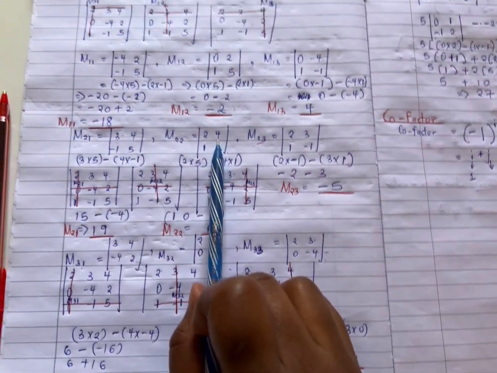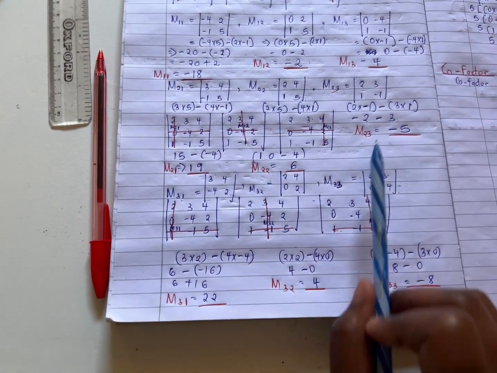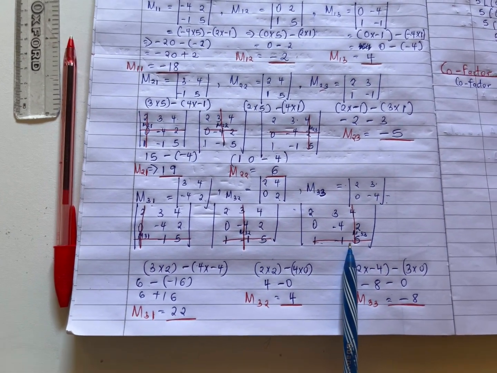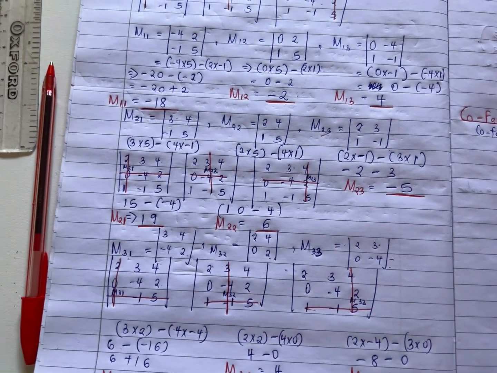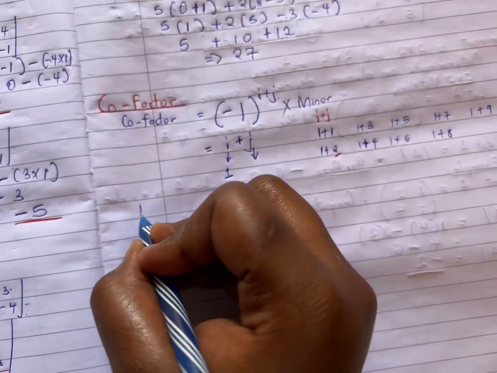Remember, we had worked out all the minors. We had M11, M12, M13, M21, M22, M23, M31, M32, and M33. So we're going to use the minors to find the cofactors of each of them.